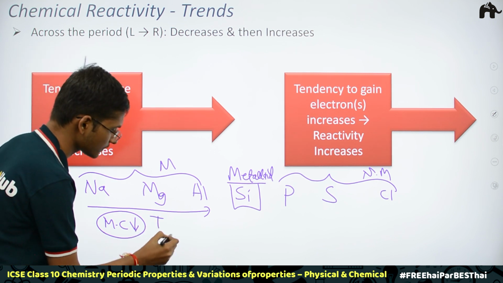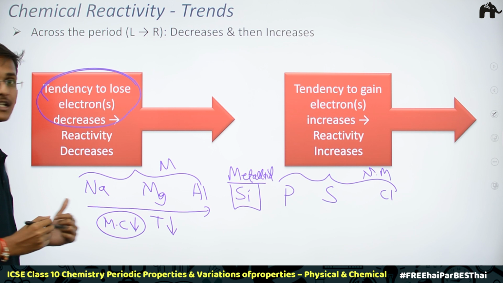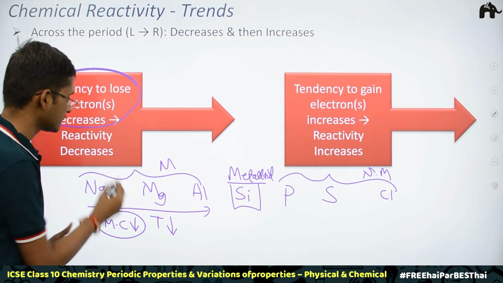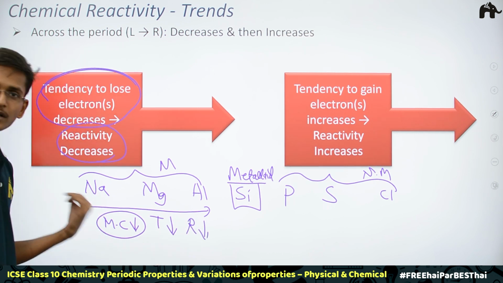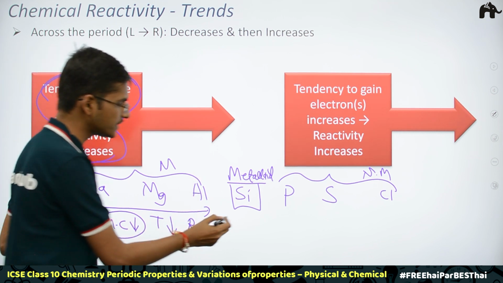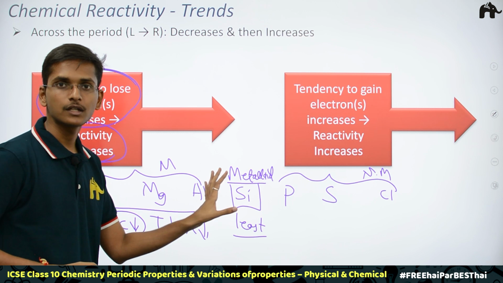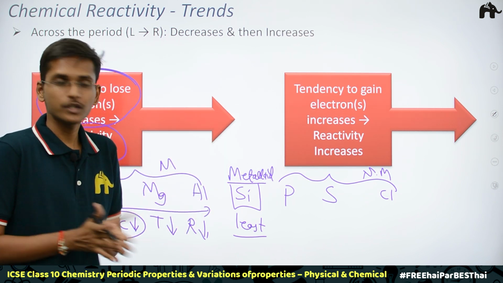And if the tendency to lose electron is decreasing, we know reactivity will be decreasing simply, right? So, when we move from left to right, initially reactivity is decreasing and it reaches a least point at the metalloid silicon. But after that, there is a twist in the story. What is happening?